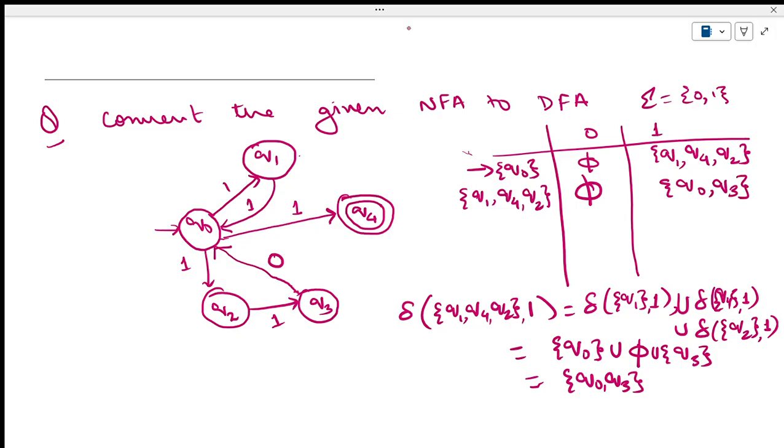Now take this Q naught, Q3. This is the new element that has been generated by exploring this. So therefore I will take this Q naught, Q3 here. I'll repeat the process for Q naught, Q3 on 0 and on 1.